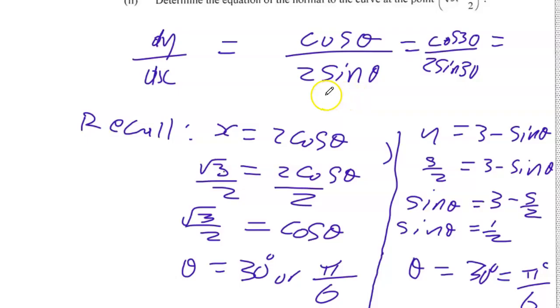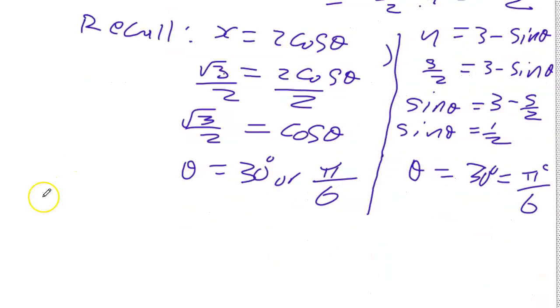So cos 30 is root 3 upon 2, divided by 2 sine 30. Now sine 30 is half, so 2 sine 30 will be 1. So it's just root 3 upon 2. So the gradient, and by the way, this is the gradient of the tangent, is root 3 upon 2.